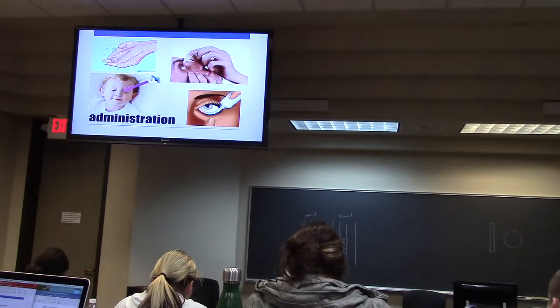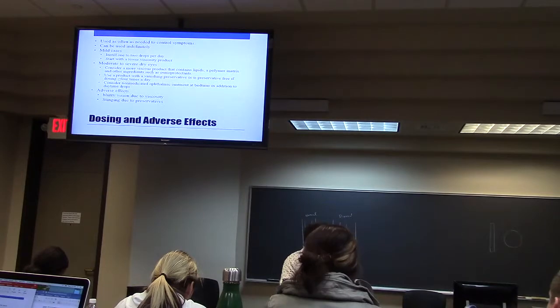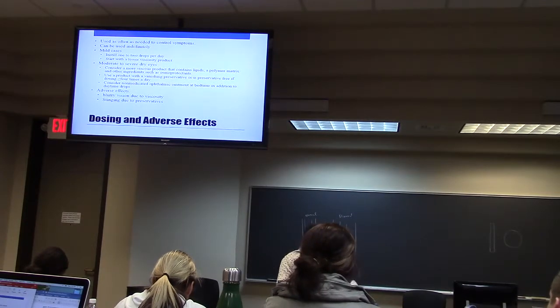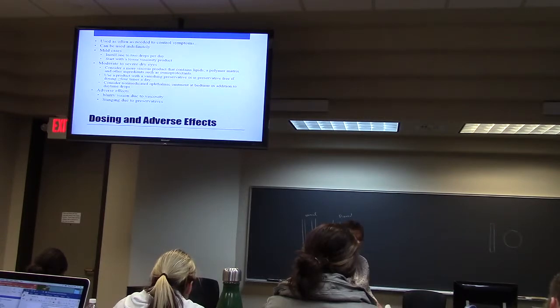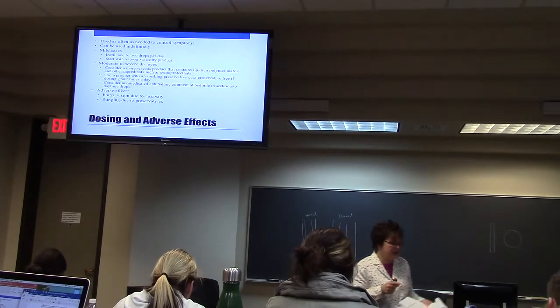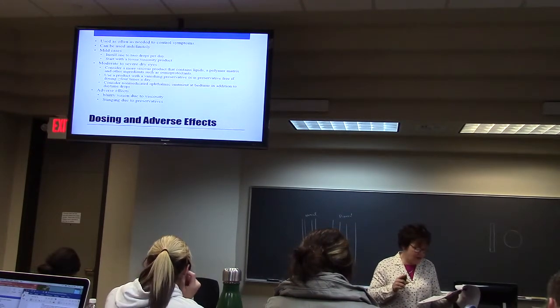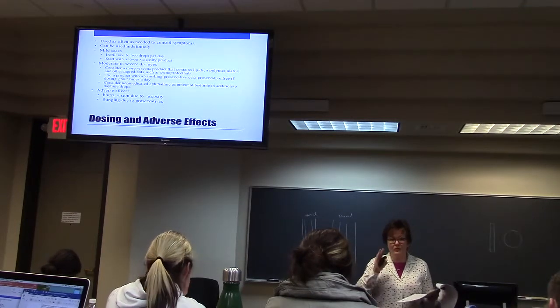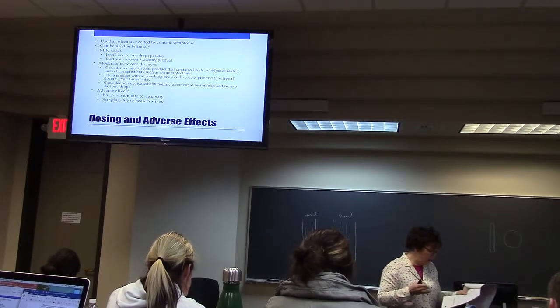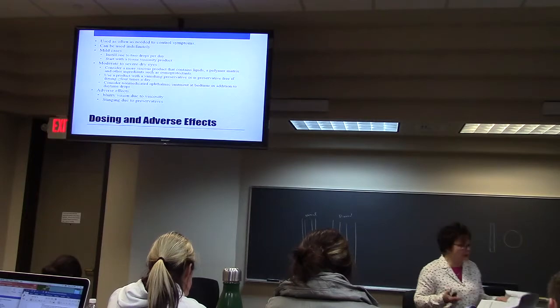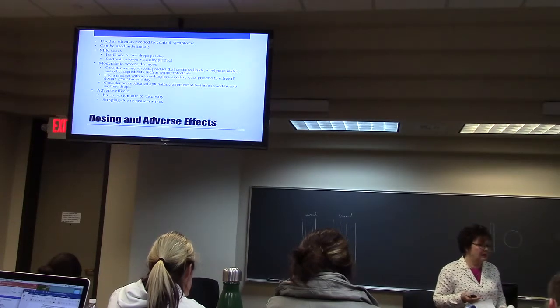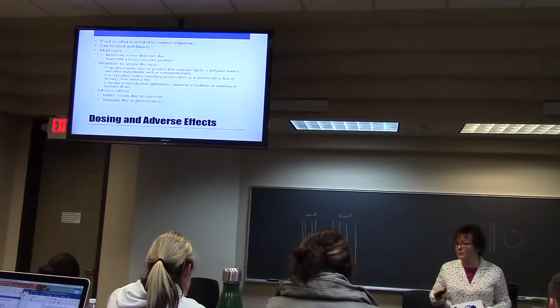When I talk about the ointments, let me go back. If you look in your handout on the bottom of page 5, they're called non-medicated ophthalmic lubricants or ointments or gels. The ingredients are fairly standard: white petrolatum, mineral oil, or lanolin. Okay. So those are just lubricants.